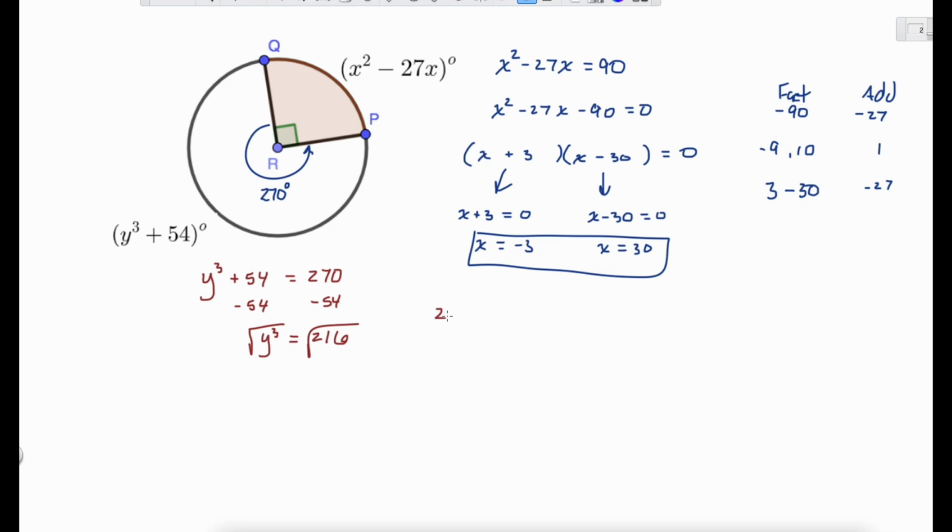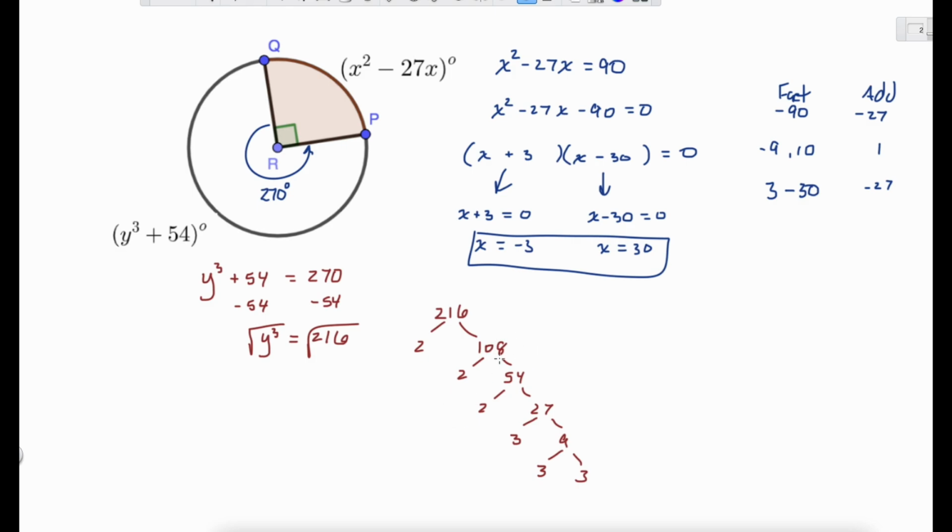And so 216, I'm going to make a factor tree here. 2 and 108, 2 and 54, 2 and 27, 3 and 9, and 3 and 3.